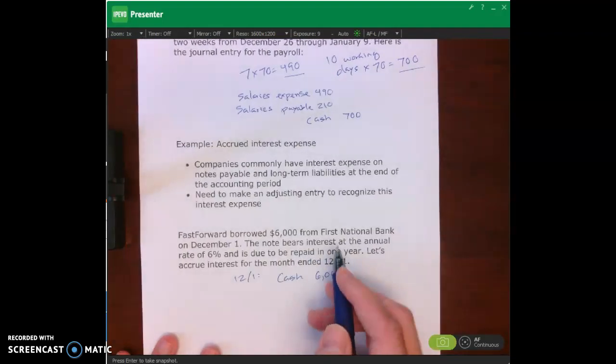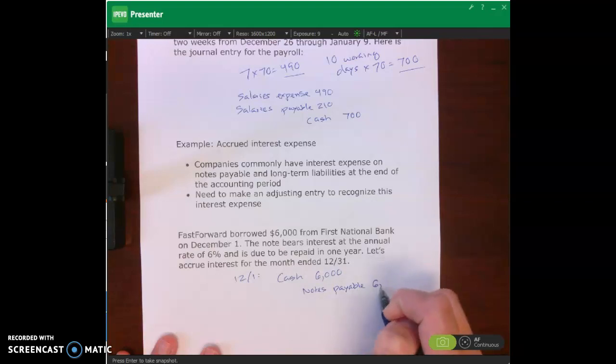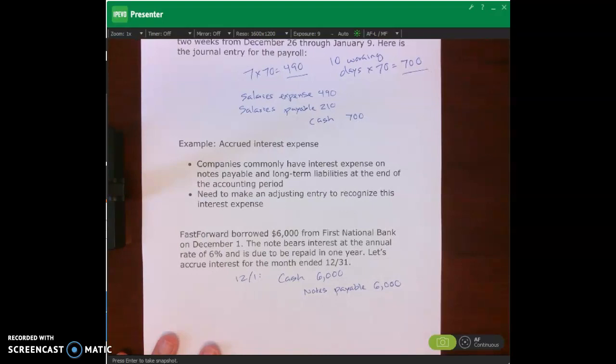And then we have notes payable for $6,000. You debit cash because cash is going up. Credit notes payable. Notes payable is a liability. How do I recognize that a liability goes up? With a credit, $6,000. Debit cash, credit notes payable, $6,000.